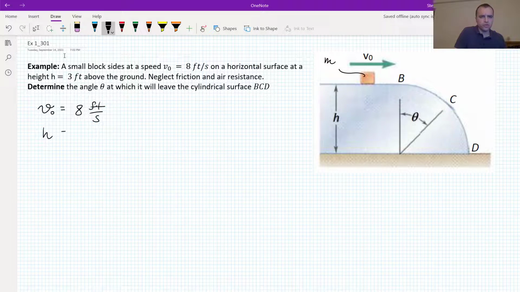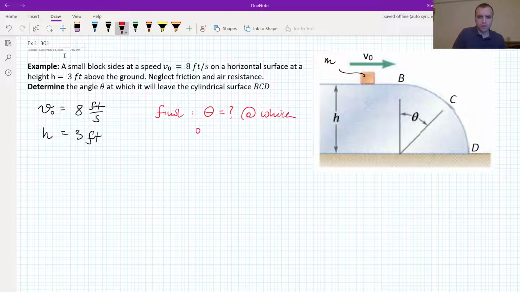Our h is 3 feet. And they ask us to find theta at which our package loses contact with the surface.